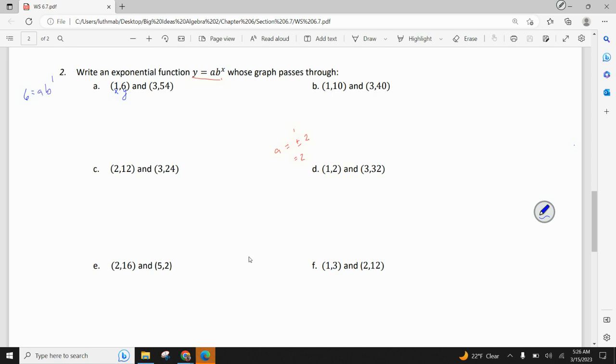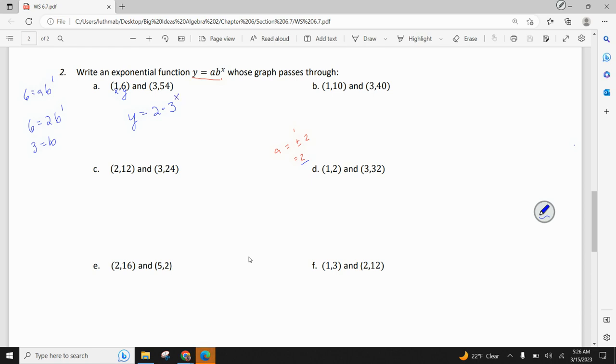If we plug in a 2, we are now at 6 equals 2 b to the first, which allows us to divide the 2 off because b to the first is just b. So now my prediction is that our equation should be y equals 2 times 3 to the x.